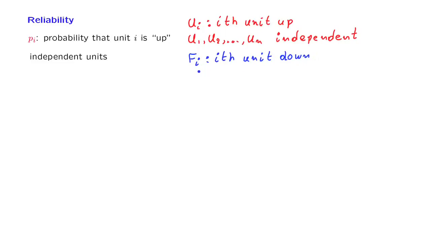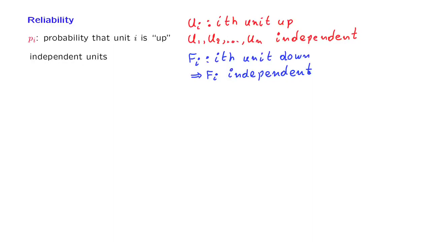And we could assume that the events fi are independent, but we do not really need a separate assumption. As a consequence of the assumption that the ui's are independent, one can argue that the fi's are also independent. How do we know that this is the case?